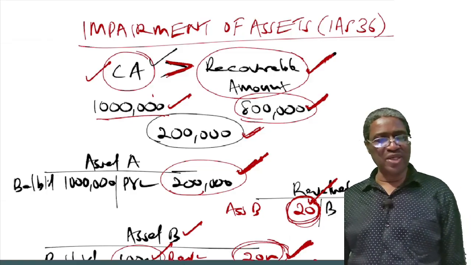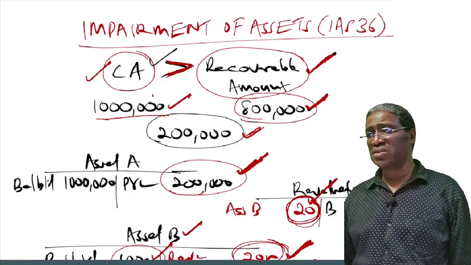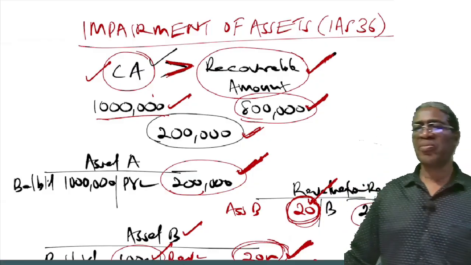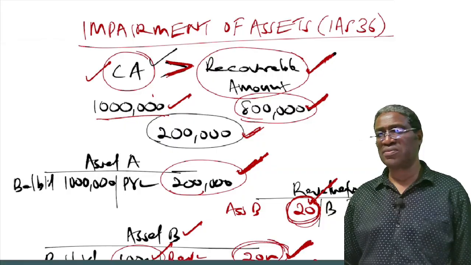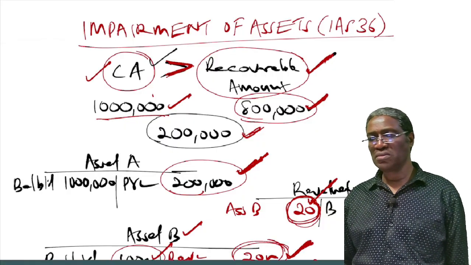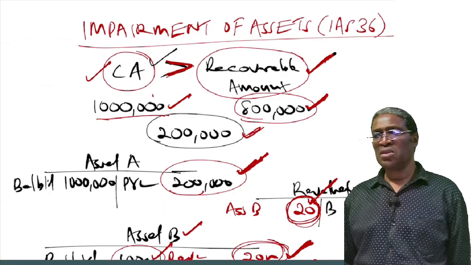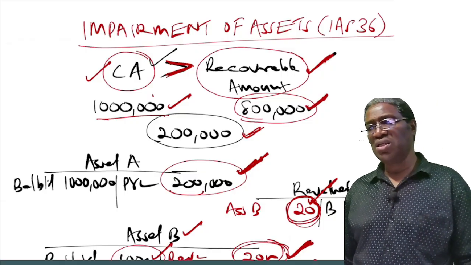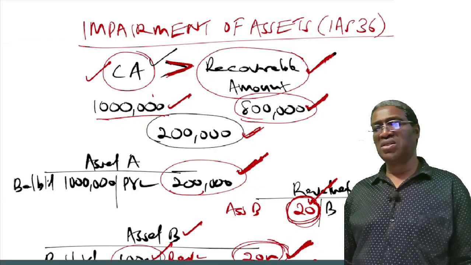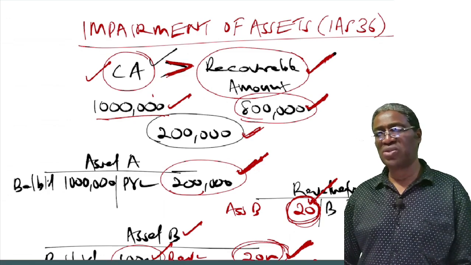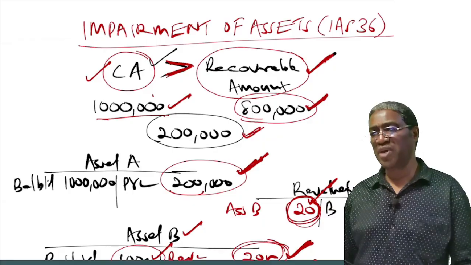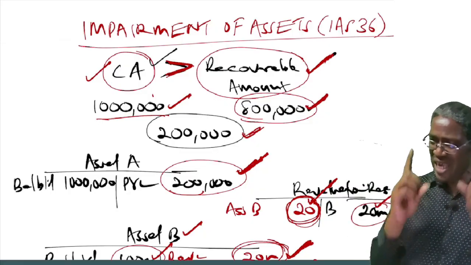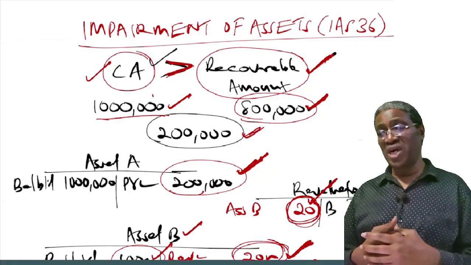So put down this. The topic is impairment of assets in bracket IAS 36. Then you say this.